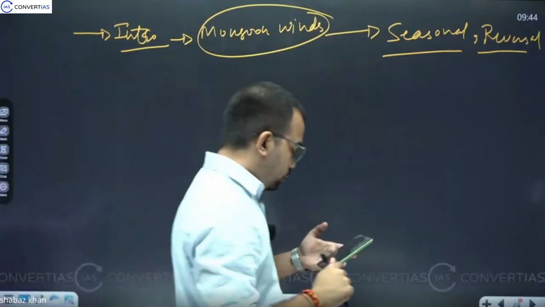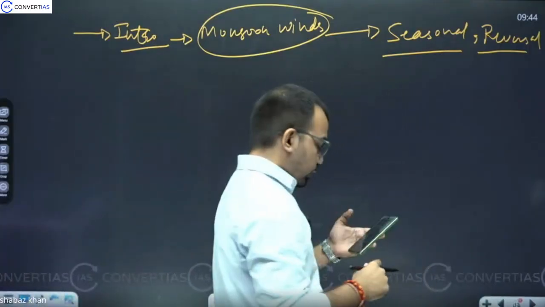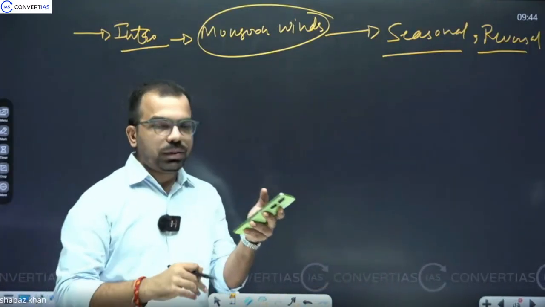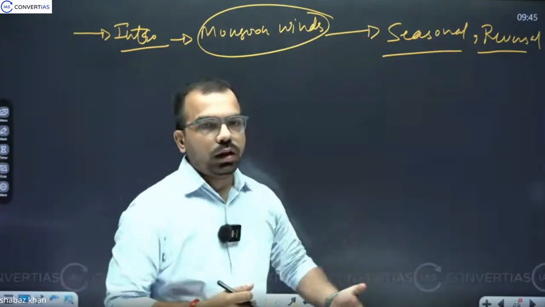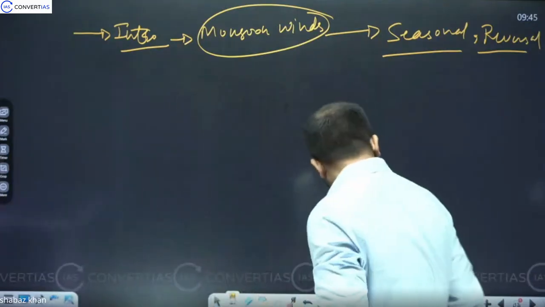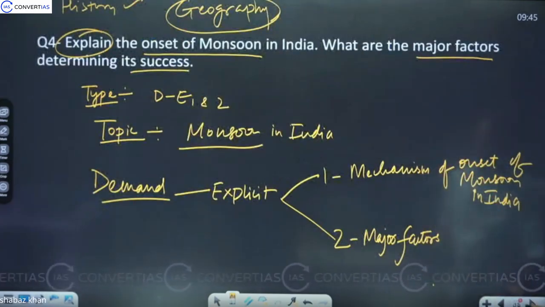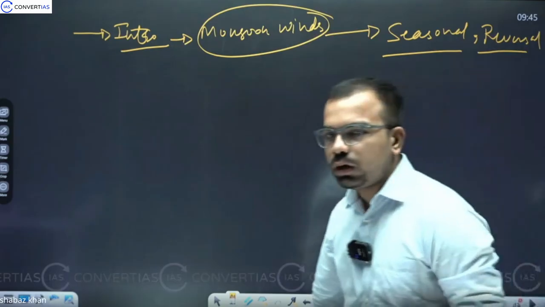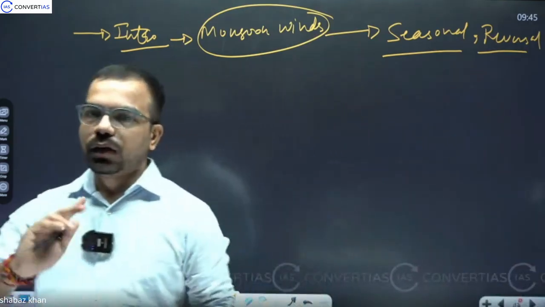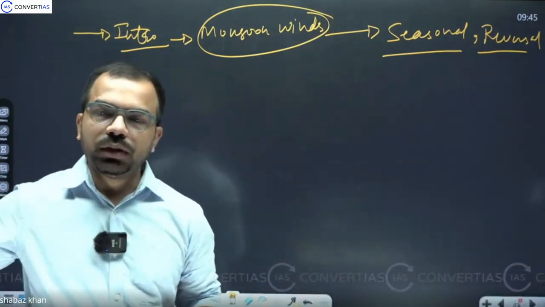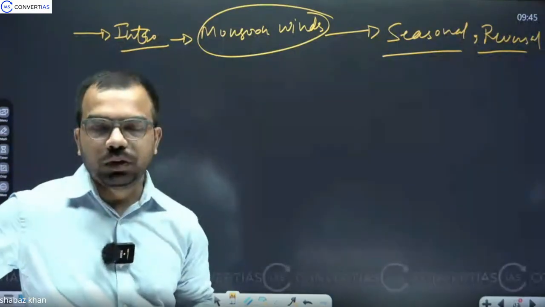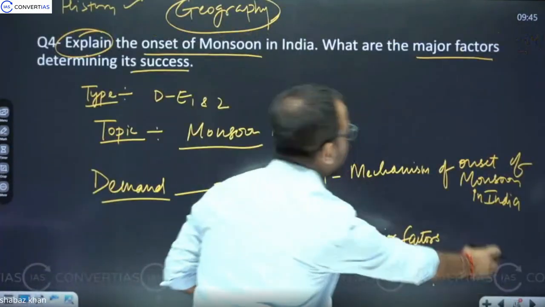Someone is saying factors for weak monsoon can be this implicit demand. Explain the directive: what are the major factors determining its success? If you want to write this, you can write this, but I'm sure that the examiner is not going to reward any marks because the demand is fairly explicit.